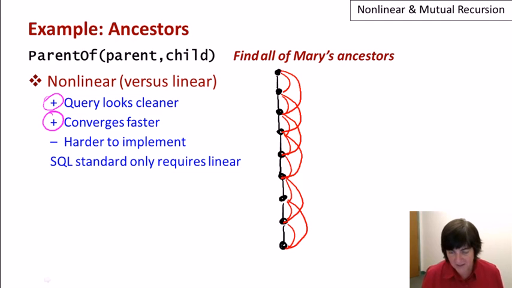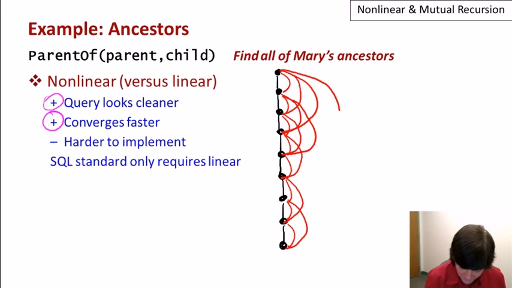The difference begins in the third step. Now we're joining ancestor with itself. So we will be joining these two-step ancestors with the single ones, just like before, to get all the 3s, but we will also be joining 2s with 2s. In other words, we'll be joining grandparent relationships with grandparent relationships, and we'll be getting in that same iteration the 4s.